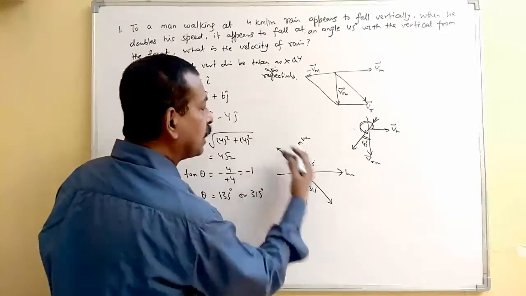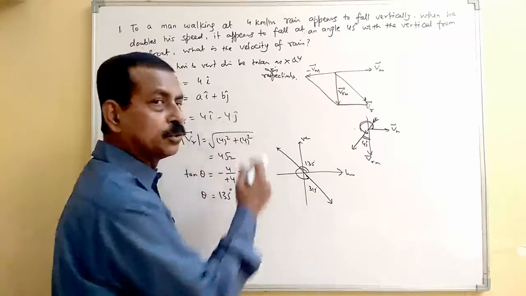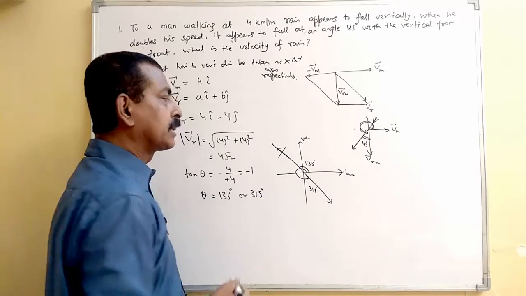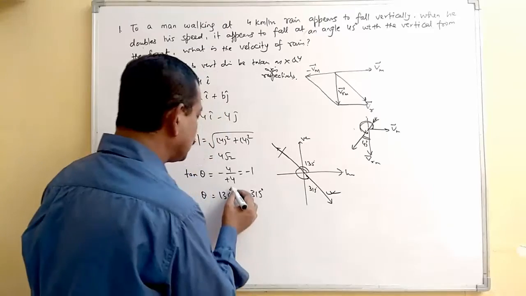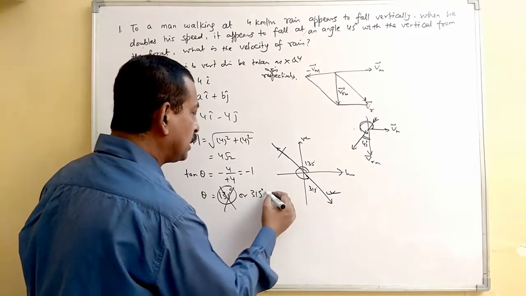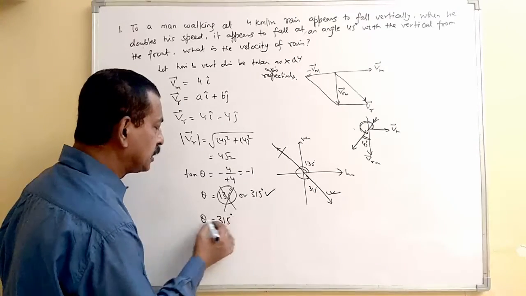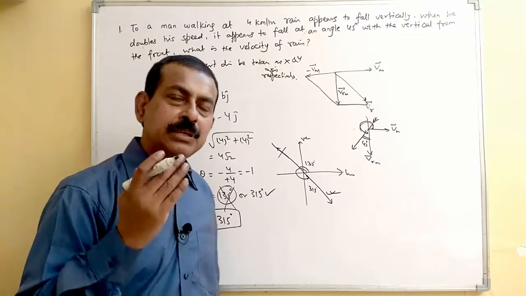Obviously, this cannot be the direction of the rain. It will be like the water fountain you are getting. So this is the rain. So obviously, this will not be the correct one, and 315 is the correct one. So theta will be equal to 315 degrees. So that will give you the direction of the rain.